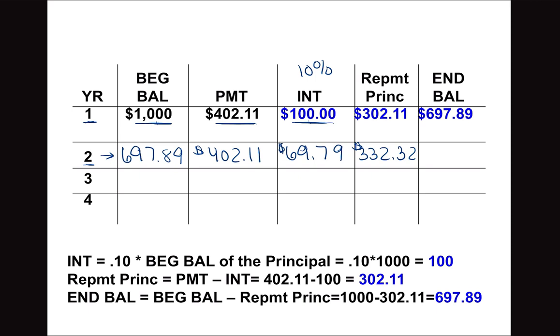So then this is how much is going towards principal. So I'm going to take this beginning balance, subtract what I'm paying towards principal, and that will be my ending balance. And that's going to be $365.57-ish. The rounding is a little bit off. So then this ending balance becomes our new beginning balance.